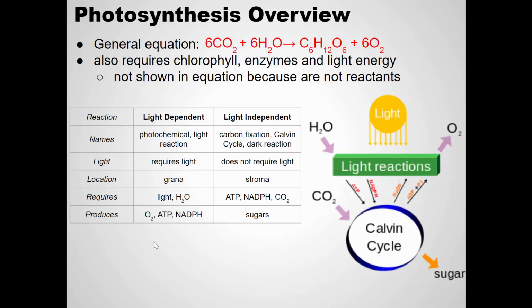They require ATP, NADPH, and carbon dioxide. The ATP and NADPH come from the light reaction. And they produce sugars. This is where the sugars produced in photosynthesis come from.